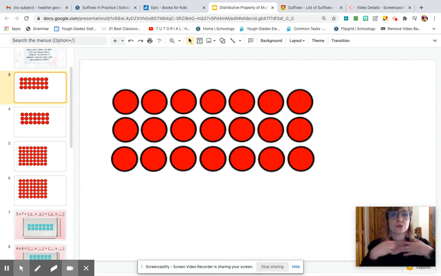We use arrays to represent multiplication because it shows us equal groups using rows and columns. Rows go straight across, left to right, horizontal, and columns go up and down, vertical. Rows, columns. And we always said when we're reading an array, we think to ourselves, rows times columns, equal groups of. So our rows tell us our groups.